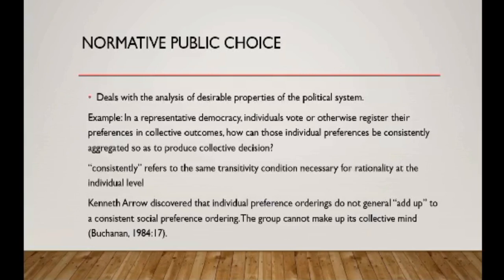The consistency here refers to the same transitivity condition necessary for rationality at the individual level. Kenneth Arrow discovered that individual preference orderings do not generally add up to a consistent social preference ordering, and the group cannot make up its collective mind.